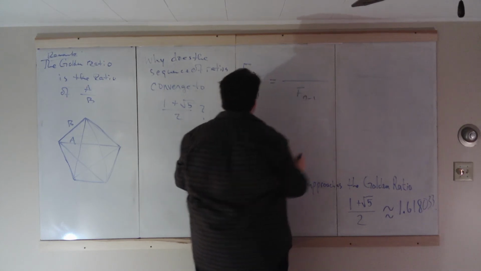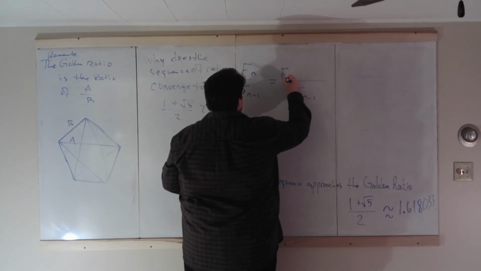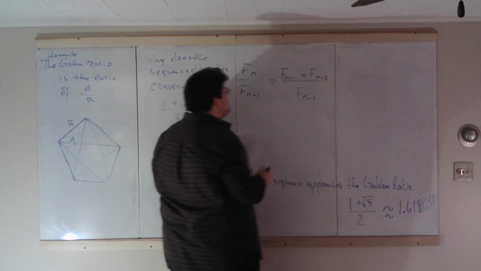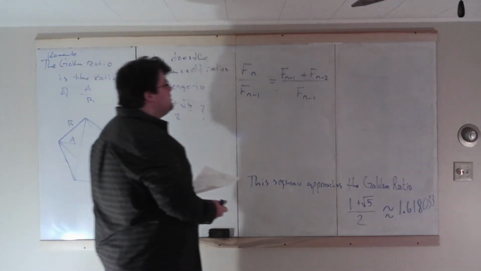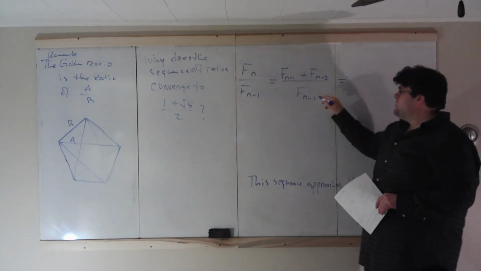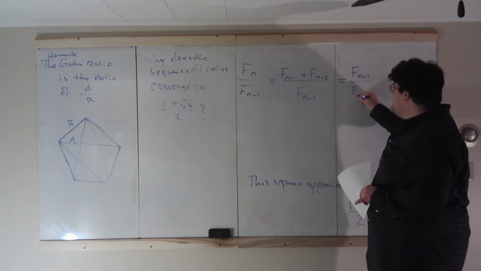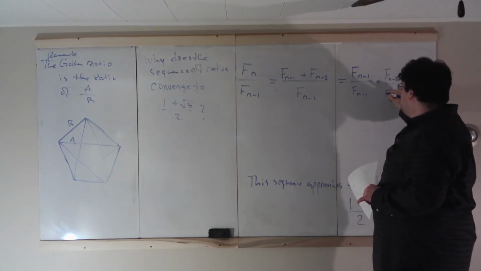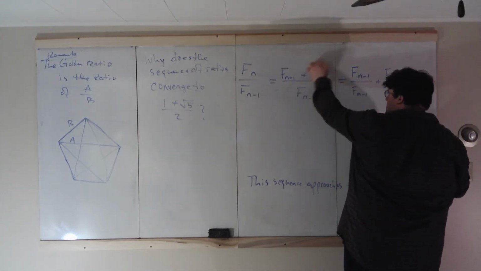The bottom is Fn minus 1. What's the top? Well, Fn is defined as the sum of the previous two, so Fn minus 1 plus Fn minus 2. So the top is the sum of the previous two. This fraction splits. How does it split? Fn minus 1 over Fn minus 1 plus Fn minus 2 over Fn minus 1. So it splits, this piece plus that piece.